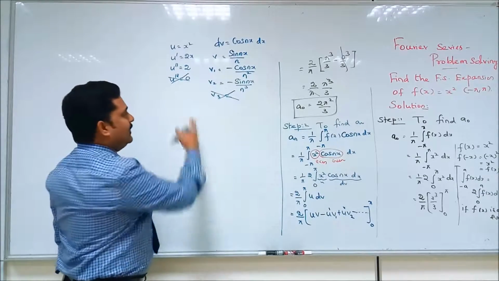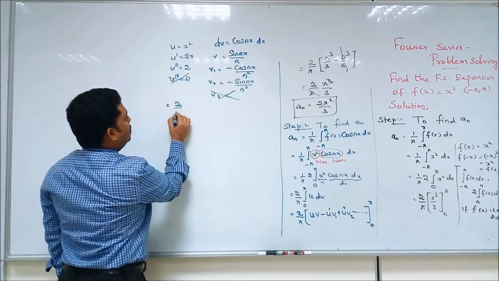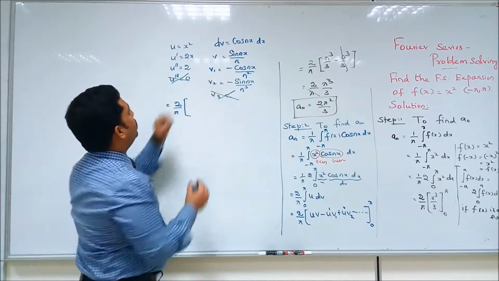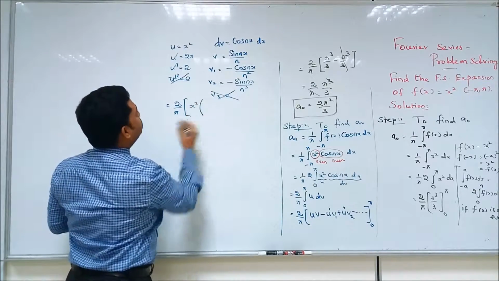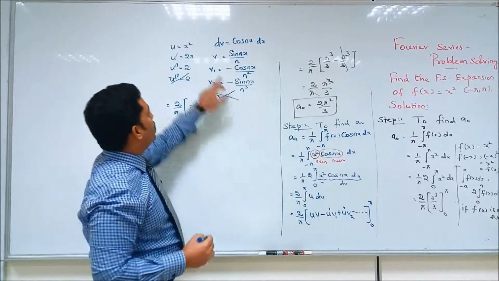Okay. Now let us substitute everything in our rule, which is equal to 2 divided by pi into u. The value of u is x power 2. V, the value of v, what is v?